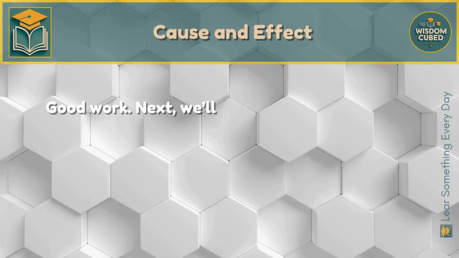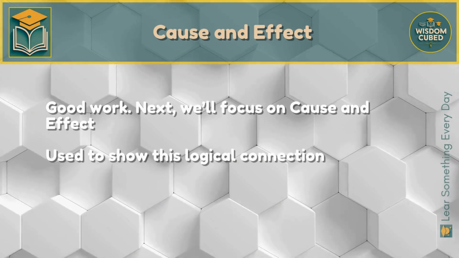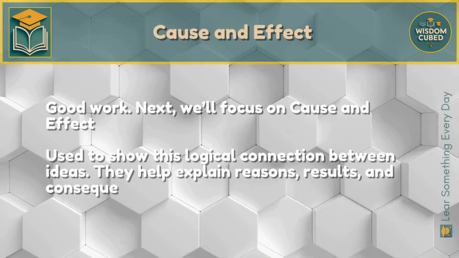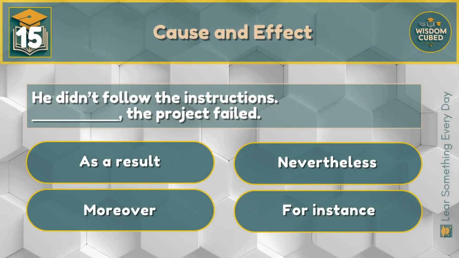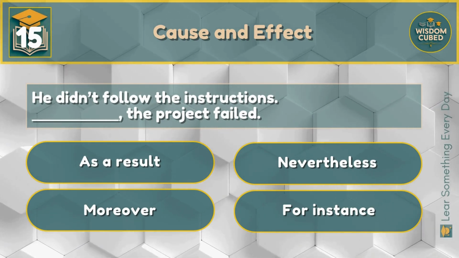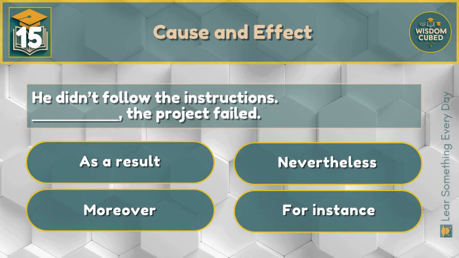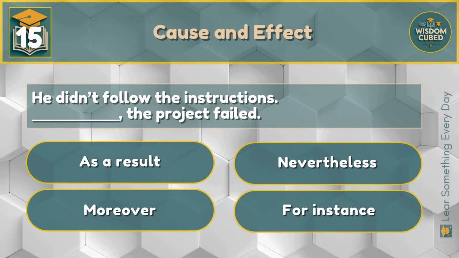Good work. Next, we'll focus on cause and effect. Used to show this logical connection between ideas. They help explain reasons, results, and consequences clearly. They didn't follow the instructions.